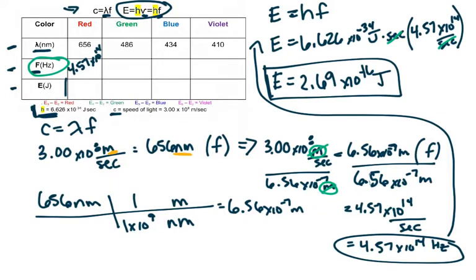Your frequency should pretty much always be times 10 to the 14. Like 14 is the visible range. If you get times 10 to the 15 or 16, it might just be because you're in a different range of light, so not necessarily invisible. You could be in ultraviolet or something like that. Same thing with energy.